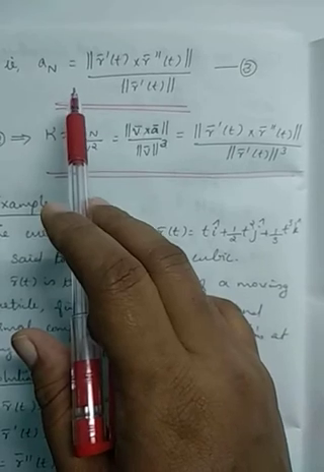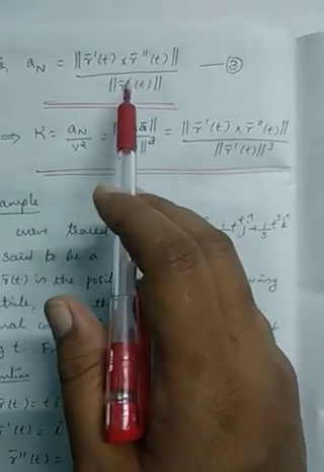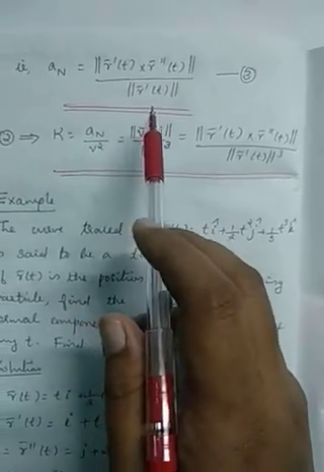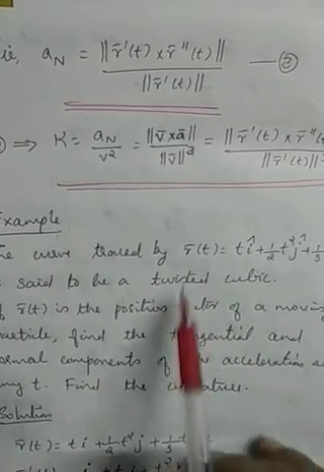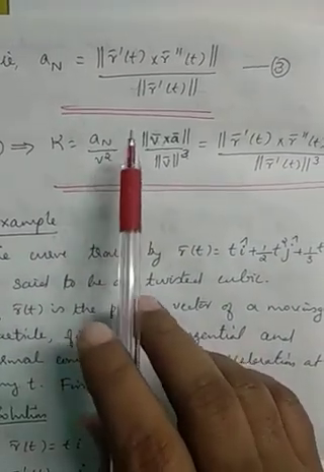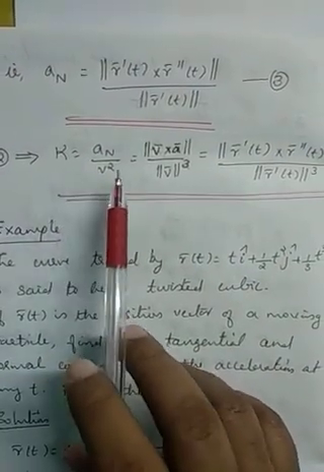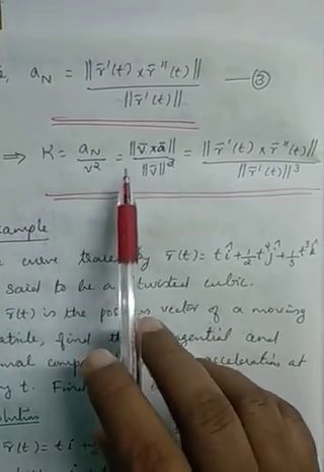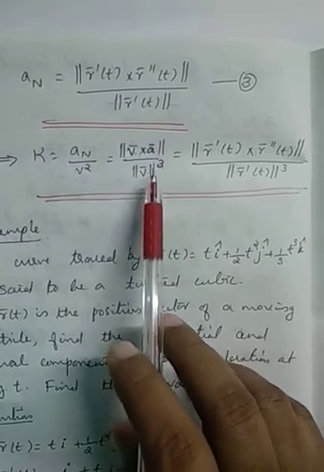So An can also be written as norm of r dash of t cross r double dash of t divided by norm of r dash of t. Now, we have the normal component An is equal to kappa into V square. So we have kappa is equal to An by V square, and we have An is equal to norm of V cross A by norm of V the whole square.